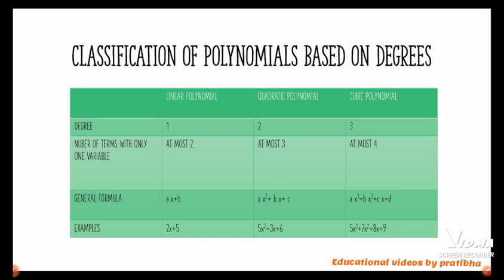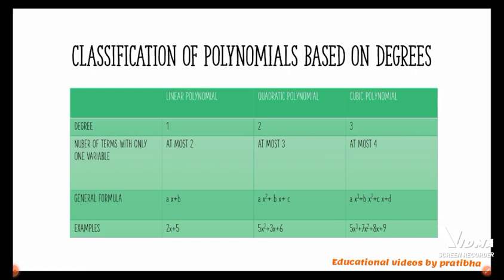Based on the degrees, we divide polynomials as linear polynomial, quadratic polynomial and cubic polynomial. If the degree is 1, we call it a linear polynomial. If the degree is 2, we call it a quadratic polynomial. If the degree is 3, we call it a cubic polynomial.